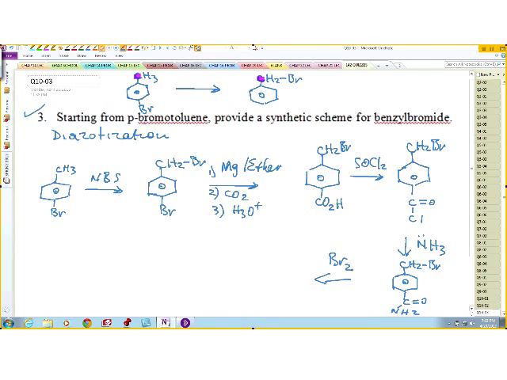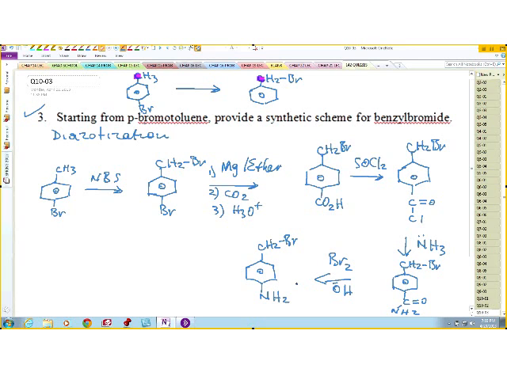Now you then use bromine or chlorine in basic medium. That will give you your Hofmann rearrangement product.